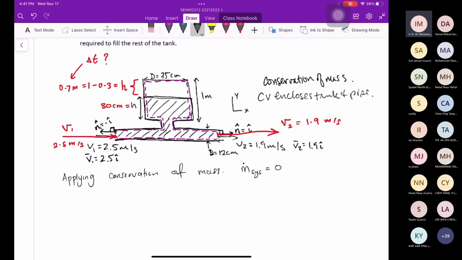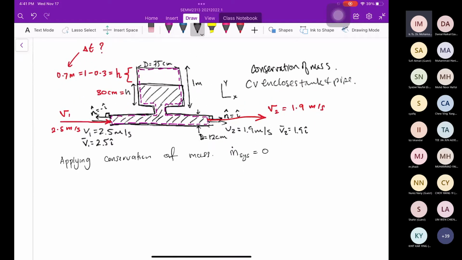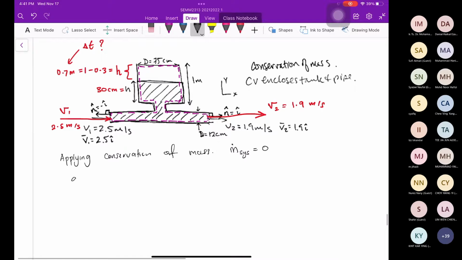It is equal to 0. So the change of mass inside the system is equal to 0. But for the control volume, it is d over dt. Remember, we have two components, right? Control volume and control surface.